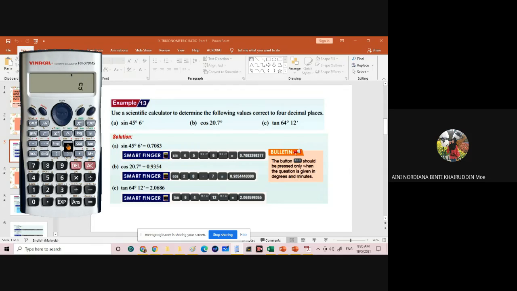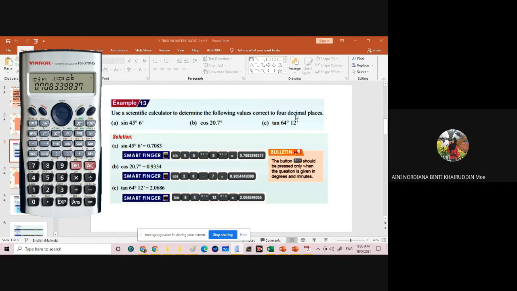Press the sine button, 45, press the degree button, and then 6, press the minute button. So this is actually 45 degrees 6 minutes. Then press equal. Then the calculator will give you this value, same as your textbook.